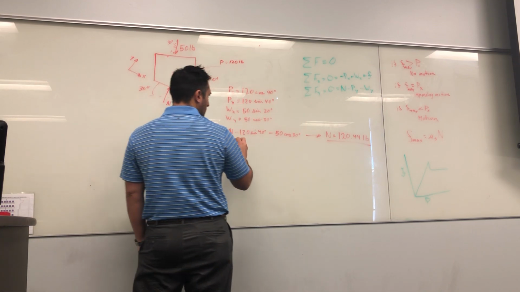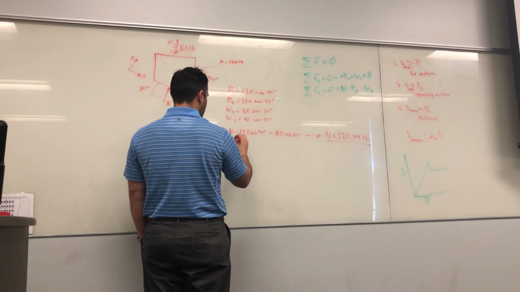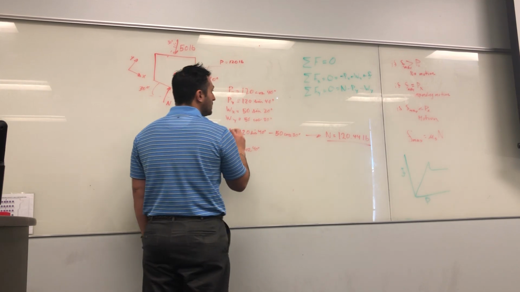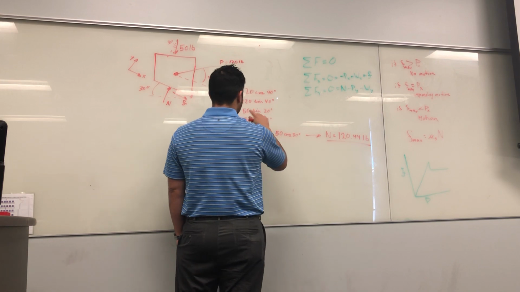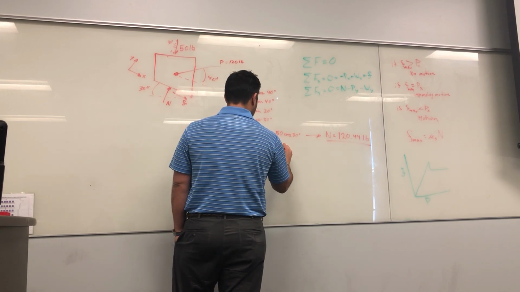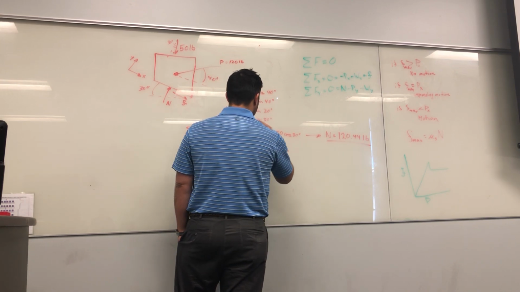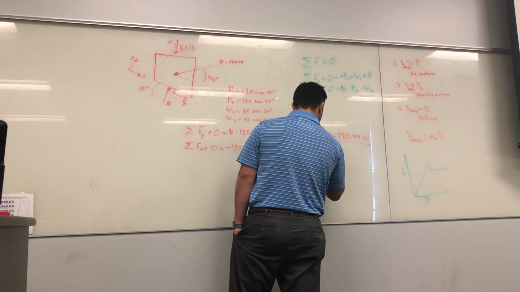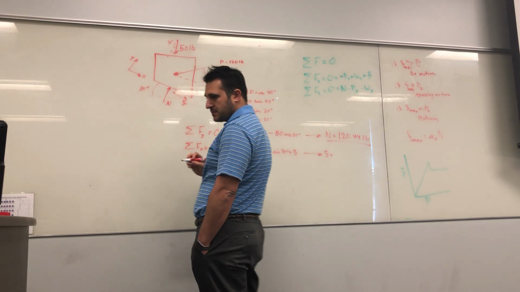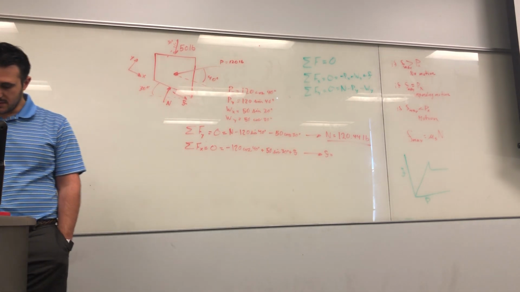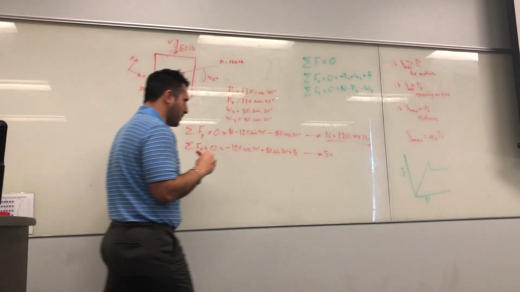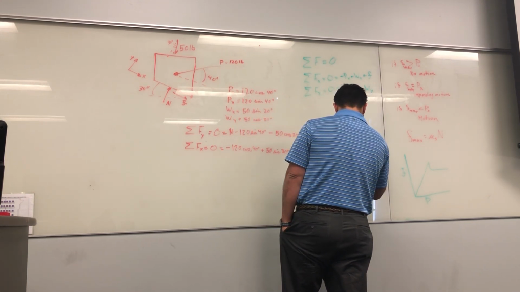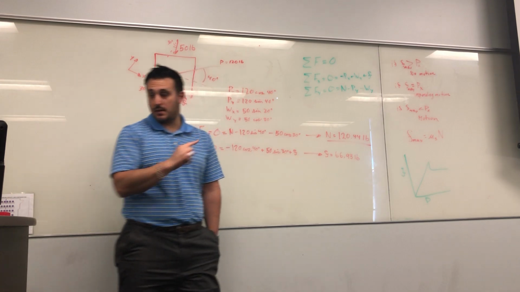That's going to say negative 120 cosine of 40 degrees plus 50 sine 30 degrees plus F. So I can solve for my frictional force, and with these numbers it is 66.93 pounds.